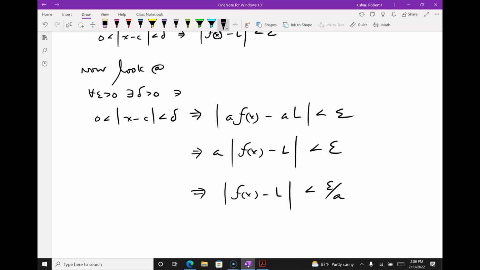Positive, done. No problem, the same delta works. Negative A, I'm still going to factor out the positive, but the negative left over will switch these two.